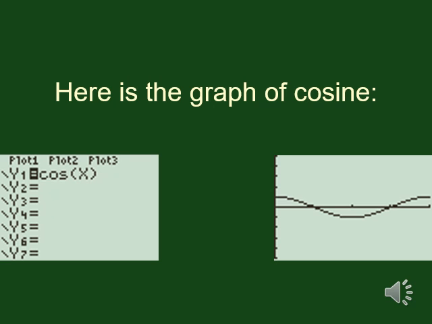You could do the exact same thing to graph cosine, just change sine x to cosine x, and you get that sort of U shape that we said cosine always had. Again, you don't need to use a graphing calculator, but if you happen to have one, you might as well know how it works, and that's how you go about graphing on a graphing calculator.